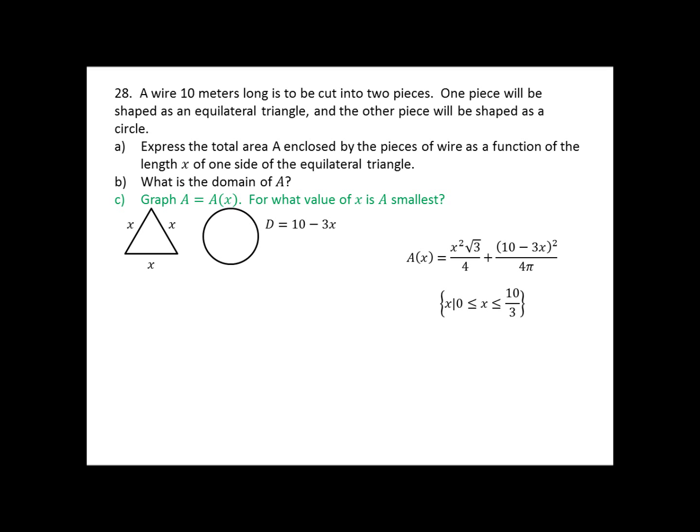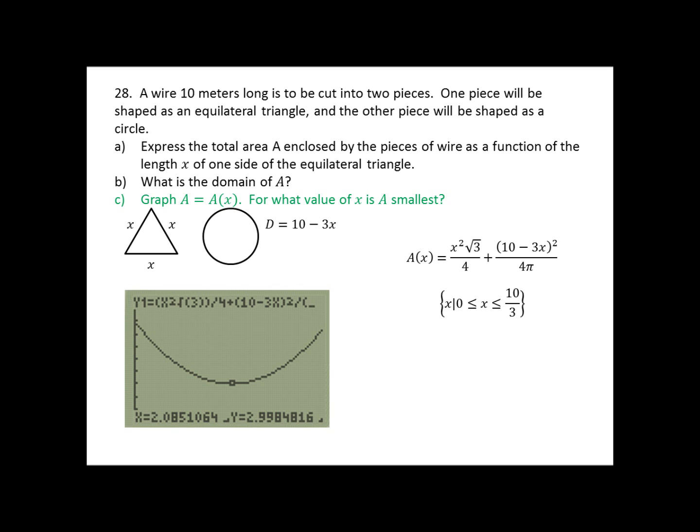Okay, so now let's graph this. So we see that we have an area that starts out at a certain value. So if we have all circle, it's got a certain area. The area drops down, it bottoms out, and then the area picks back up, and then it stops when the function has met all equilateral triangle.